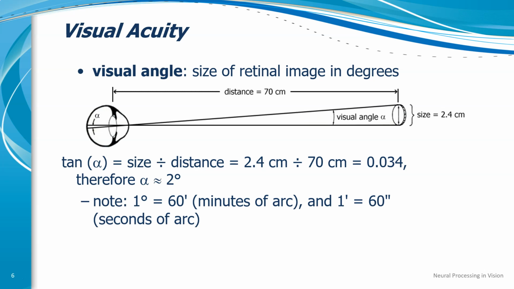Yes, you can divide 1 degree using decimal points, but by convention, 1 degree is made up of 60 minutes of arc. Now, I know minutes is a unit of time, but here, a minute is a different unit. 1 minute of arc is an angle that is 1/60th of a degree.